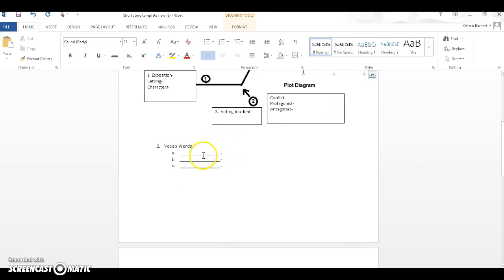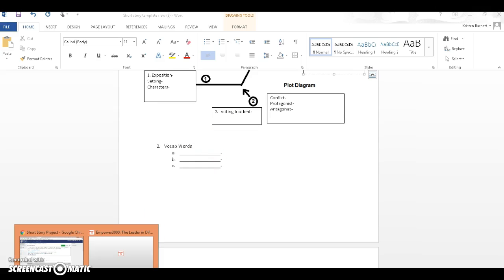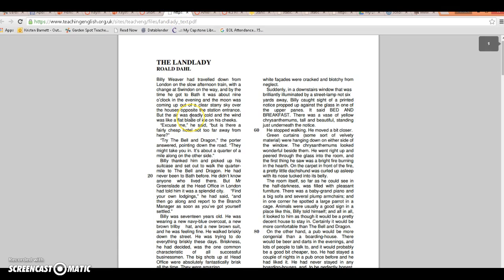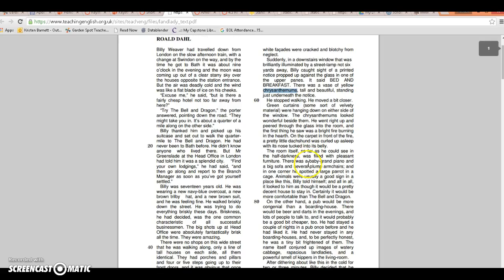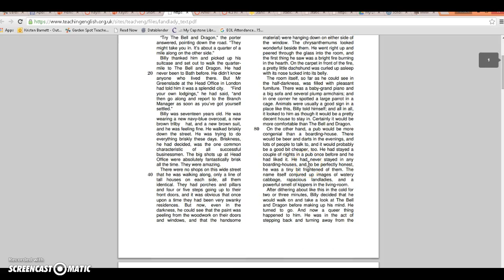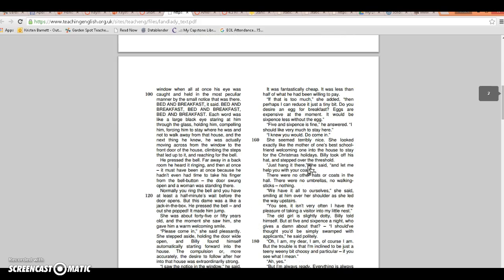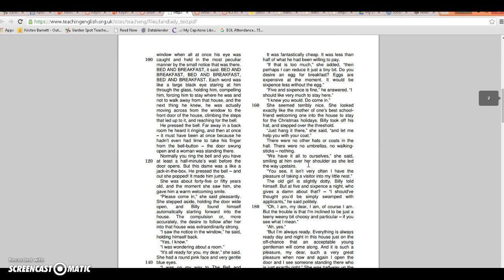Then you go down to the vocabulary words. So you choose words from the story. The first story we're reading is The Landlady. So as you're reading, choose out words you don't know. Maybe you don't know chrysanthemums. Maybe you don't know, these words don't look that challenging.